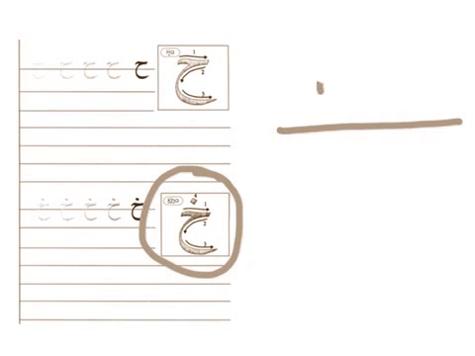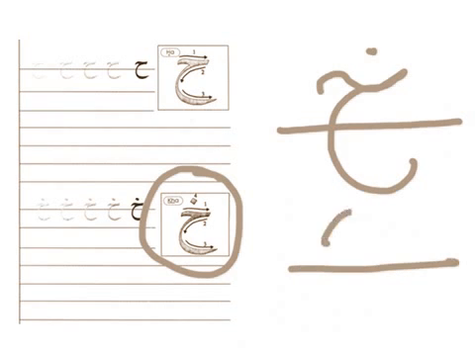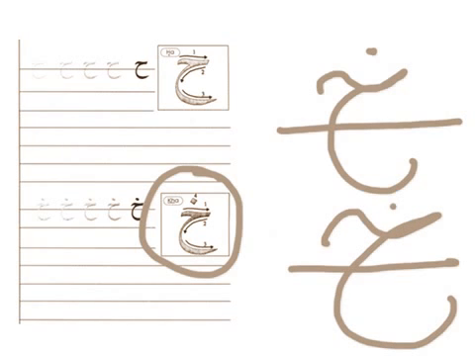Start here, go over, back, down, around, and put 1 point up. Again, start here, go over, underneath the line, and 1 point up. The letter Cha. Now complete this page. Remember to say the letter each time you write it.